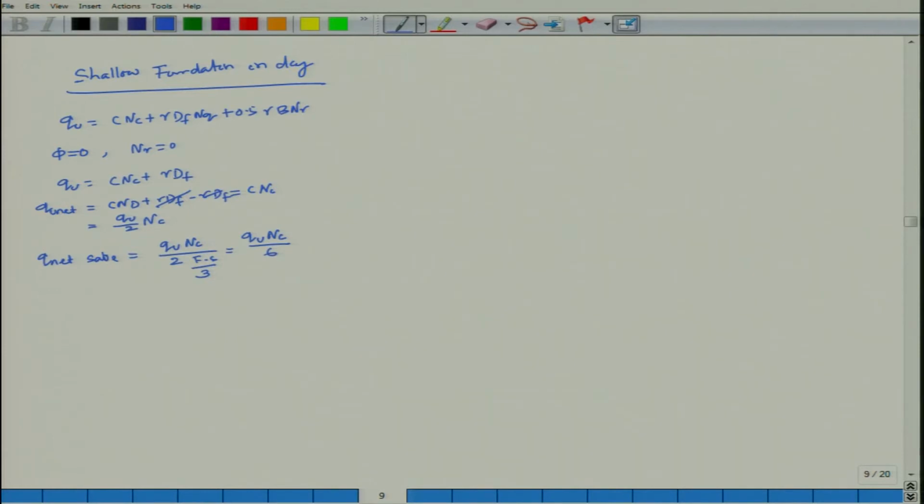So, Skempton has given NC, Skempton says NC depends upon your B by L. So, if I plot NC versus your DF by B, this is your NC, this is 0, this is 1, this is 2, this is 3, this is 4 and this is 5.